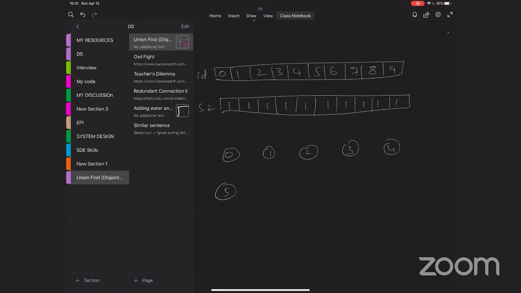Okay, help me with connections again, please, so we can run our algorithm on that. Which one should we connect? 1 and 7. 1 and 7, right?